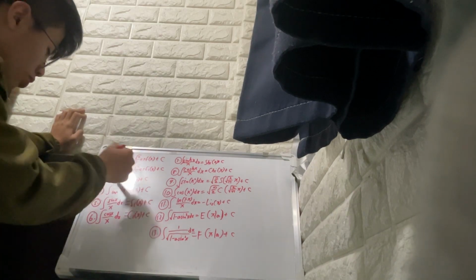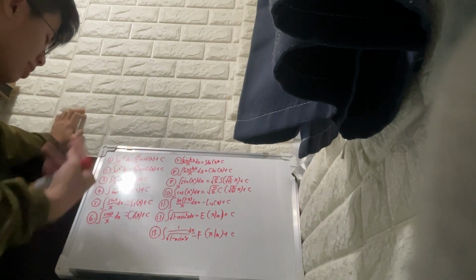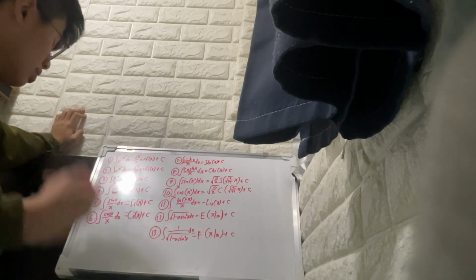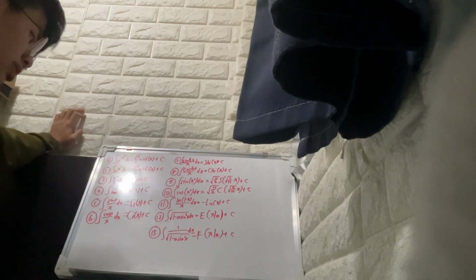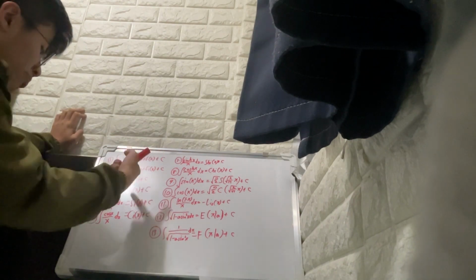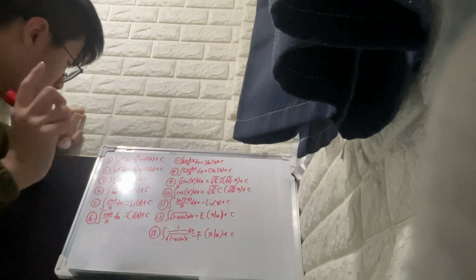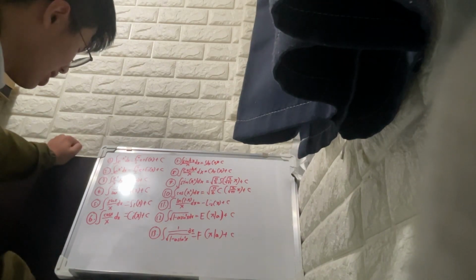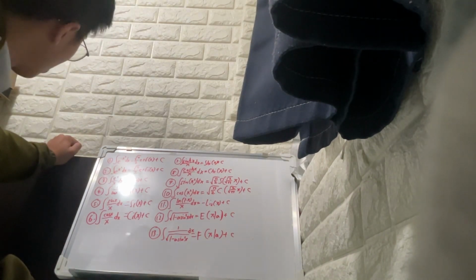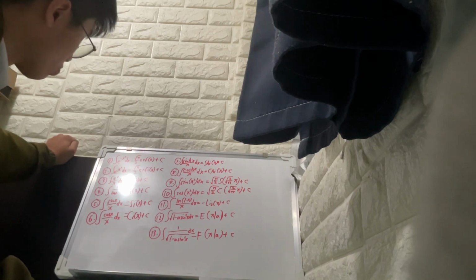If this is x over e to the power of x, it can be integrated in elementary terms, but e to the power of x over x cannot. The special function is called Ei of x plus c, and Ei of x is called the exponential integral.